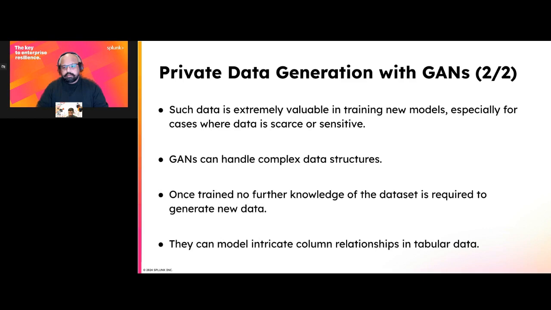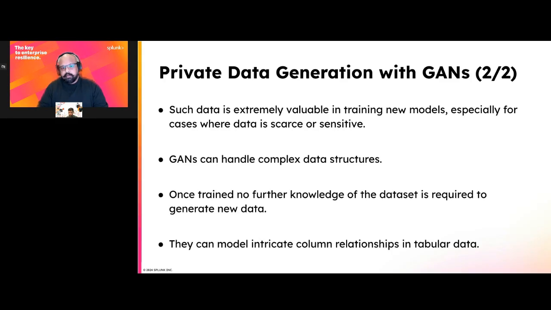Also, if you don't have enough data, GANs can help you generate more of it. This is also important in training models for which data is sparse, as in many security use cases. Let's say false login attempts, they tend to be very highly skewed.